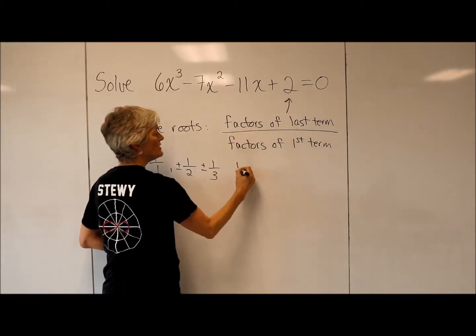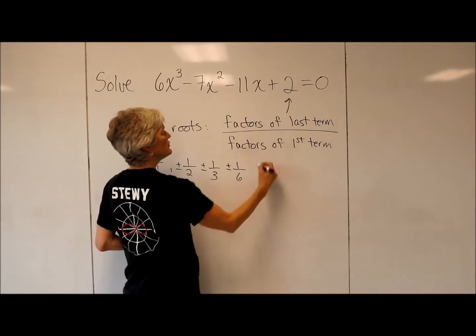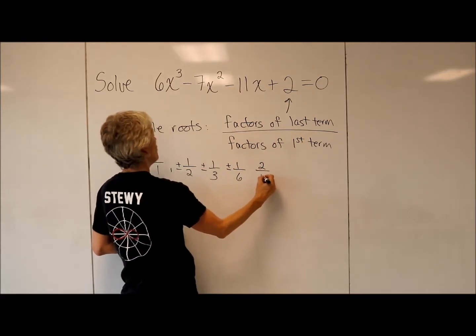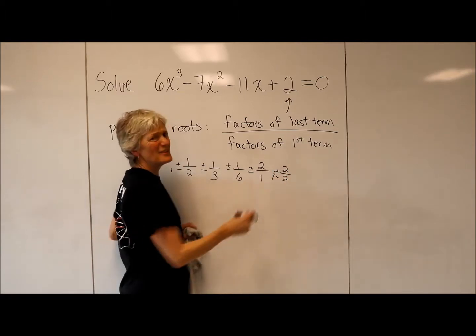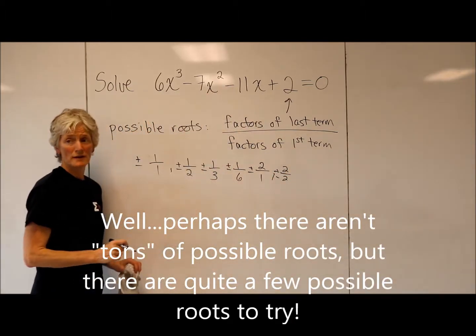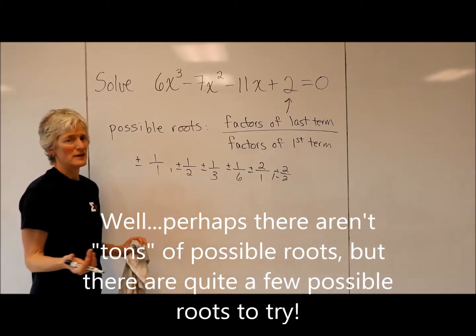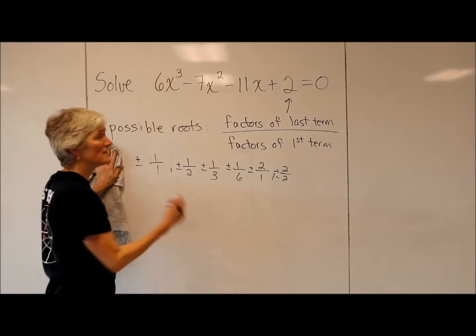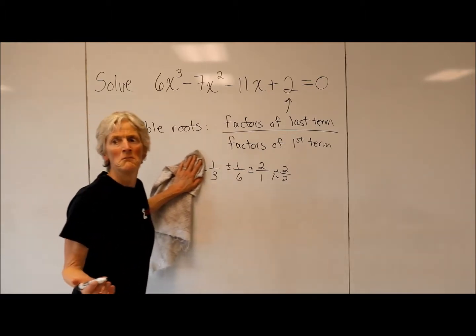Or I could do 1 divided by 6, plus or minus. You see where I'm going? Or I could do 2 divided by 1, plus or minus. 2 divided by 2, plus or minus. There are tons for this particular one. Okay? So I'm just going to dive on in and try a few of these. Now I'm going to start easy. I'm going to start plugging in 1 and -1 and just hope that one of them works.